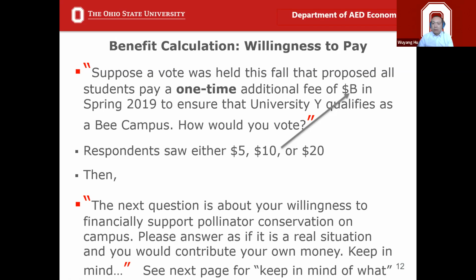I don't care, this is a survey, nothing can be real. Sure, whatever number you say. We don't want that to happen. So we're careful to let people think about reality. How would they behave in a real situation? If the vote really had to take place, what would they do?